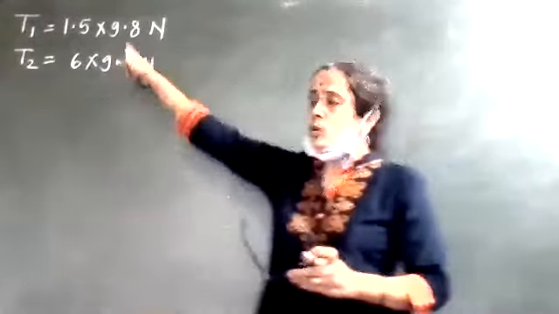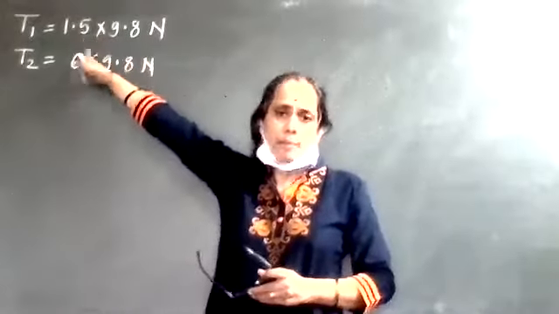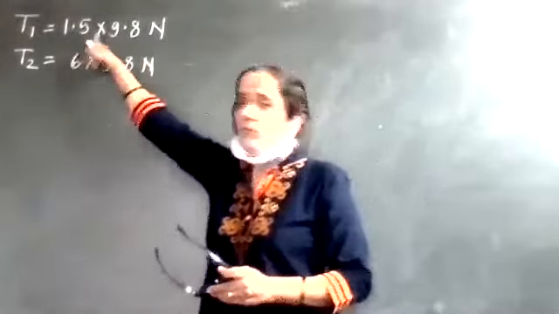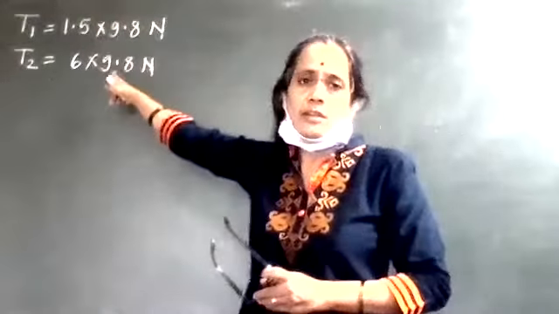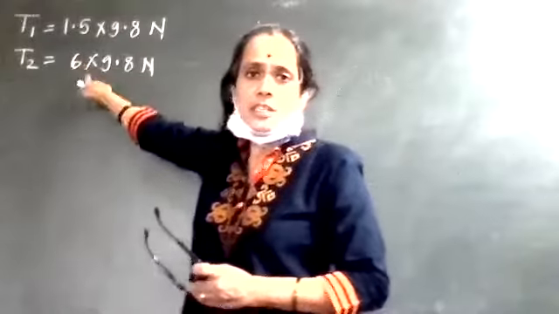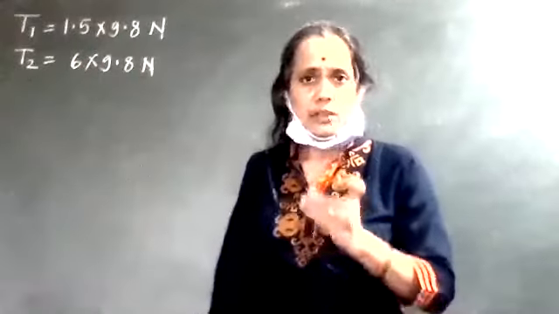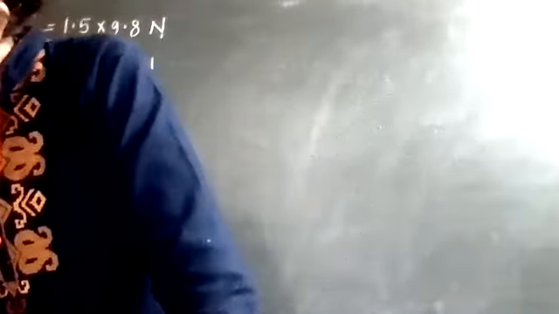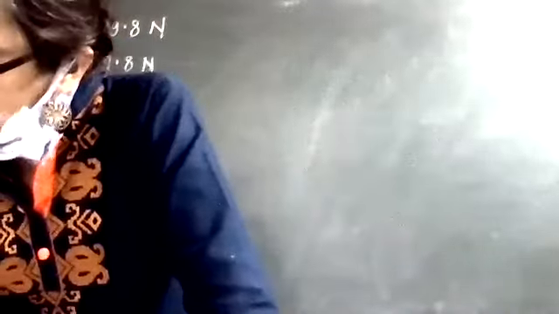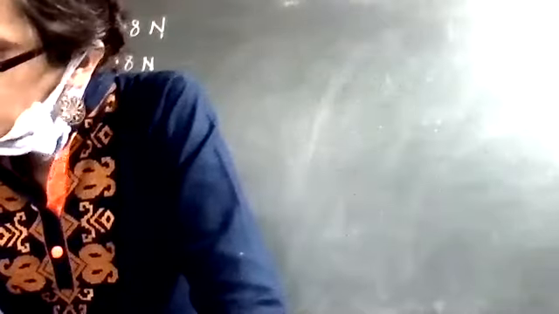Clear? So on the first wire, the tension applied is 1.5 into 9.8, and on the second wire, the tension applied is 6 into 9.8 Newton.